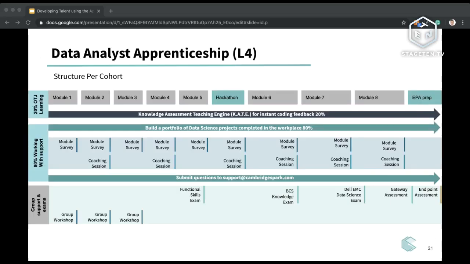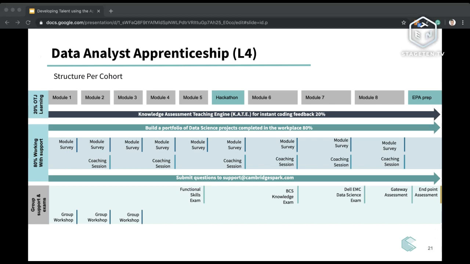To give you an idea of what the data analyst apprenticeship looks like if you're to work with us, how we put those ingredients together, here is an overview of all the elements that go into an apprenticeship. So we've got the modules where we'll be sharing e-learning content and making the projects on that platform available.